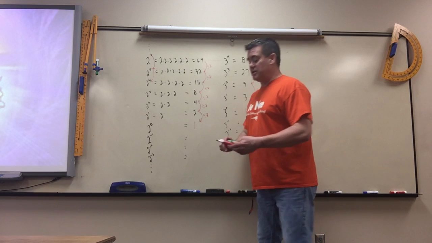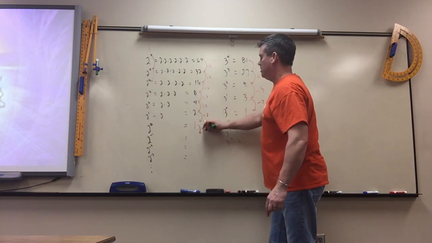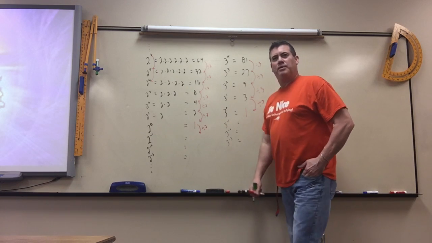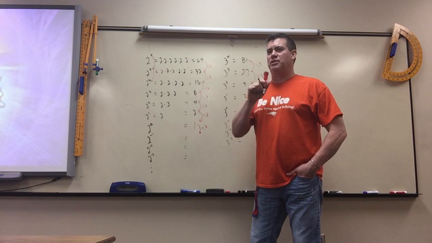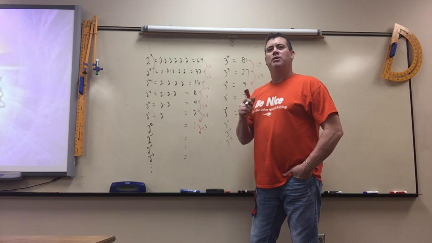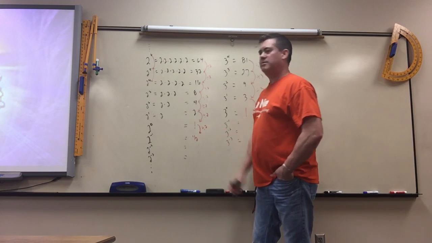Okay, so following this pattern, what would 2 to the negative 1 be? Remember what I said? You're not going to have decimals for these. These are always going to be in fractions. 1/2. 1 divided by 2 is 1/2.